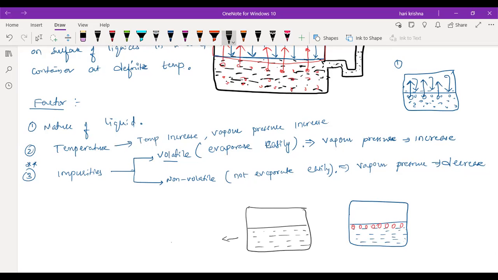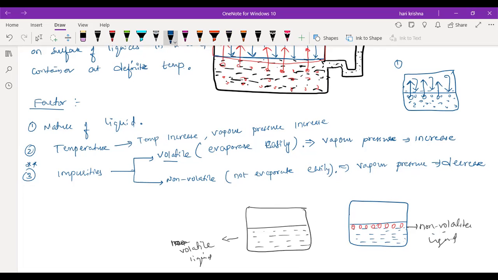This is a volatile liquid. This is a non-volatile liquid. Now you tell me, in which case will more particles move into the gaseous state?